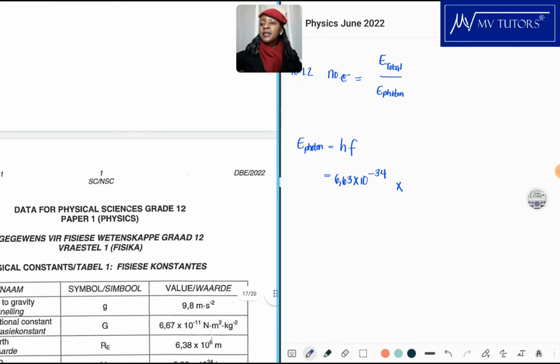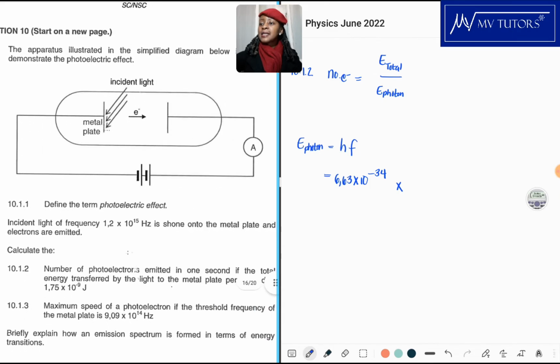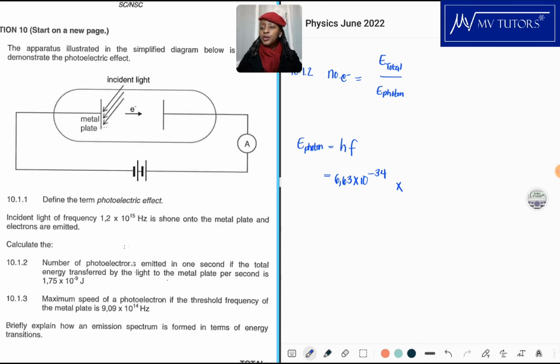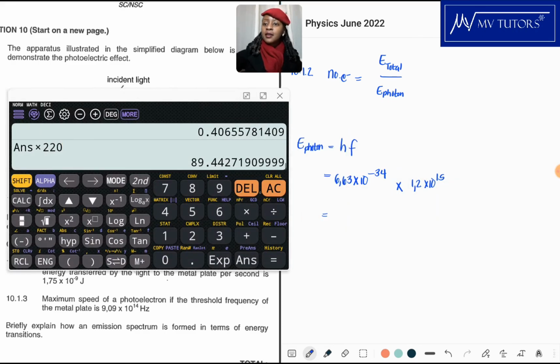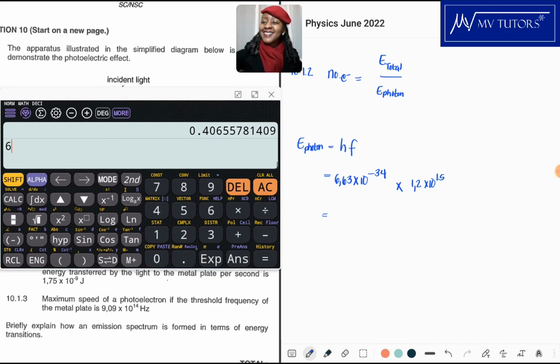And then we have been given the frequency. It says incident light of frequency 1,2 times 10 to the 15 hertz is shone. So we're going to get the energy of a photon. I am hoping that this calculator gives me answers in scientific form, or else we are a bit screwed.